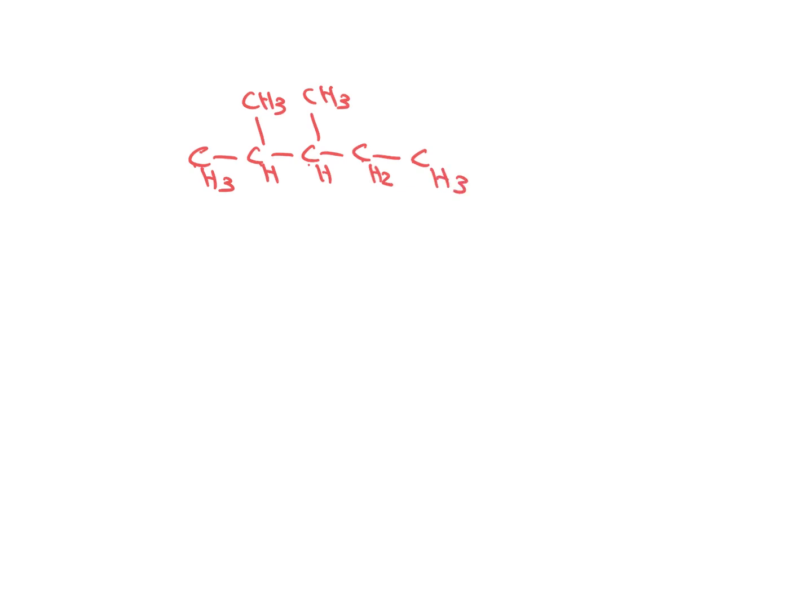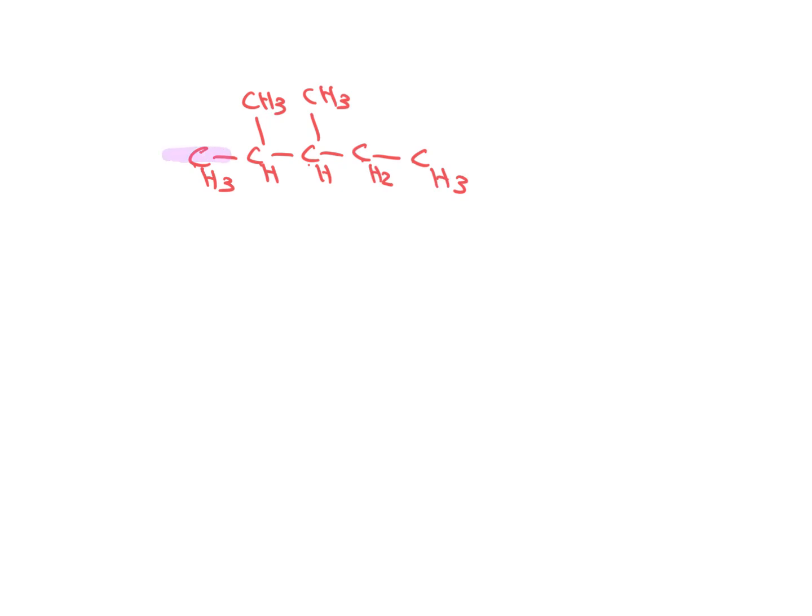Okay, so the first step in naming an alkane is to find the longest chain, and it gets kind of tricky sometimes, because in some examples you may have a branch that is the longest, so you should go through it.